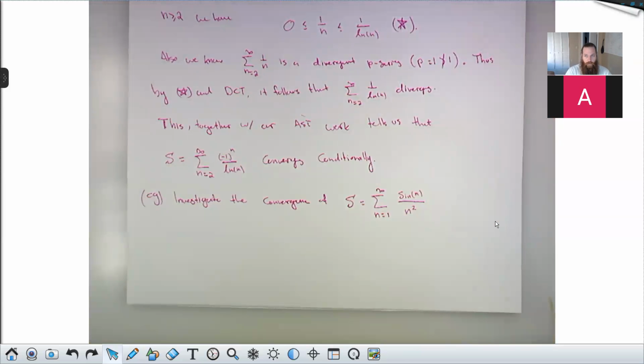But showing the convergence is a tricky biscuit because it is not a series of positive terms and it's not an alternating series. The sign of n is sometimes positive and sometimes negative. But it doesn't flip back and forth every other term like an alternating series does.